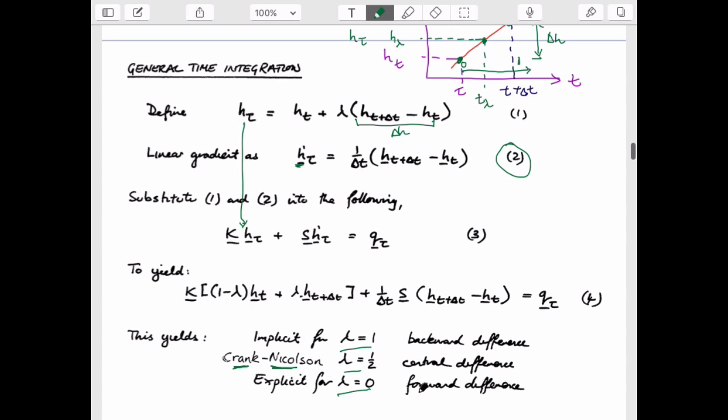The important thing about this is that lambda equals a half is the boundary between unconditional stability and conditional stability.